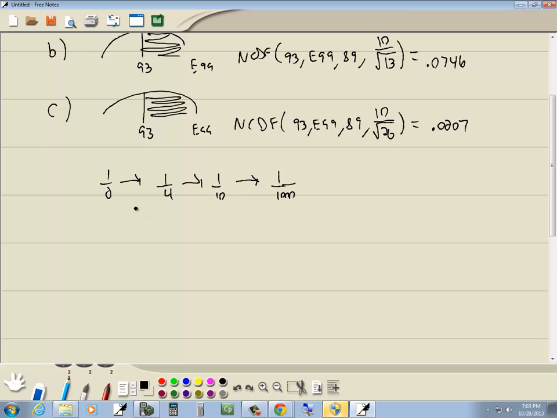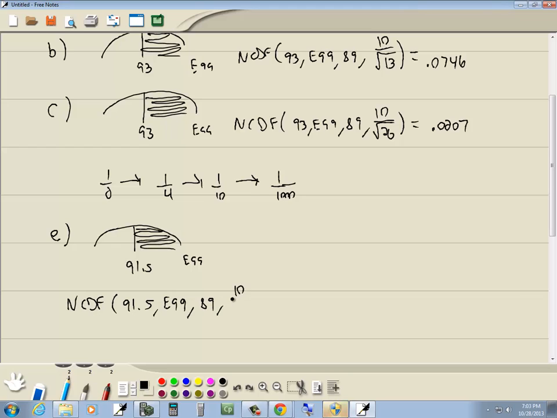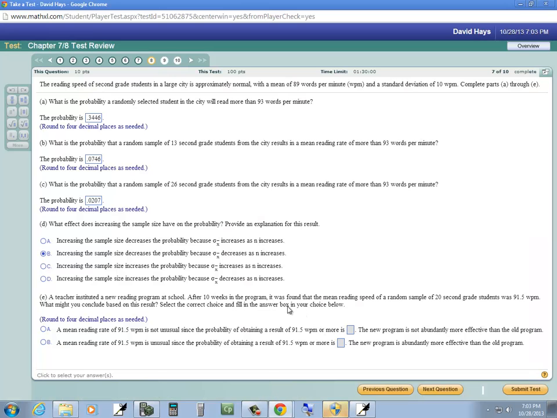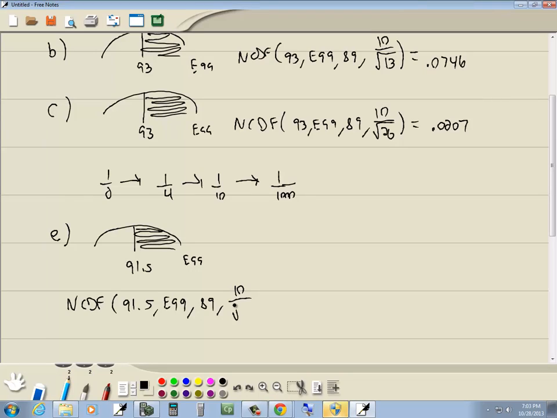This is part E. 91.5 or more, so I'm shading this way, E99. So do normal CDF, 91.5, E99, our mean, which is 89, comma, our standard deviation divided by square root of n. And we're talking about 20 second grade students, so that'll be the square root of 20.